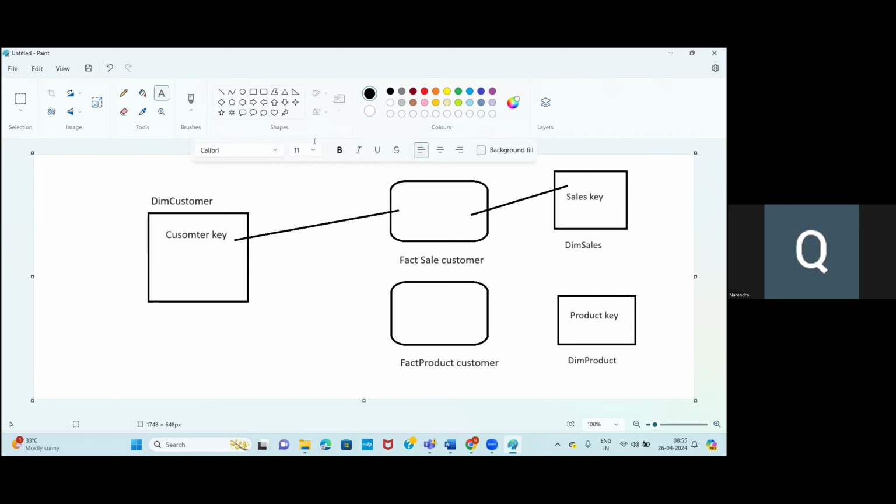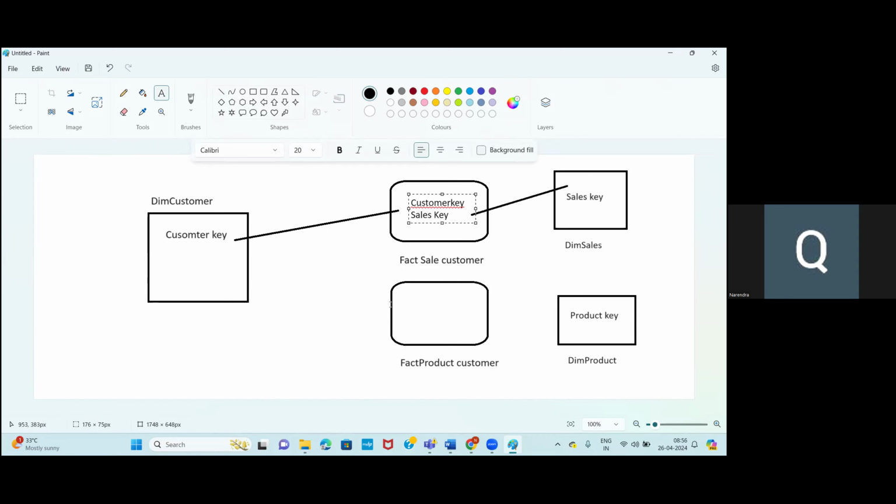Here the columns will be like this: customer key and sales key.